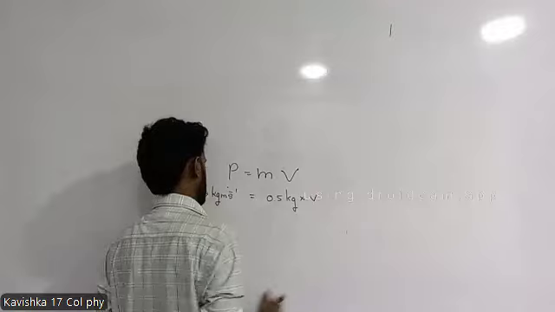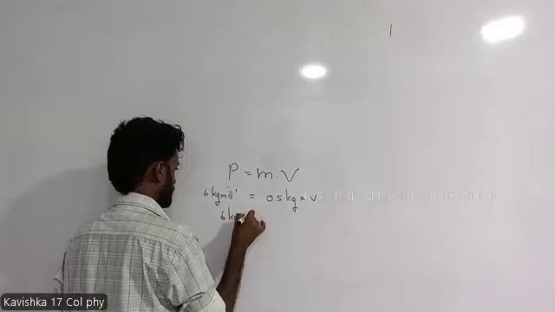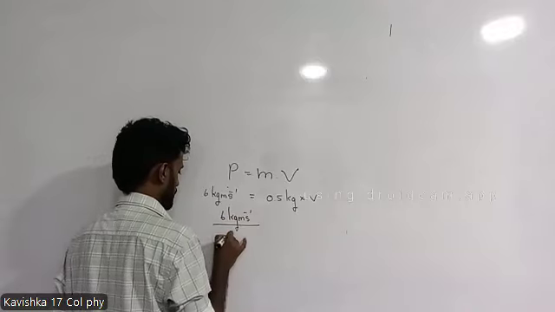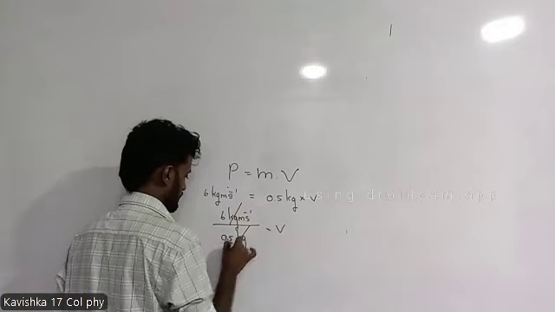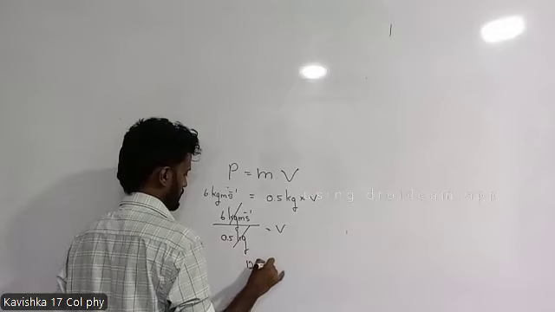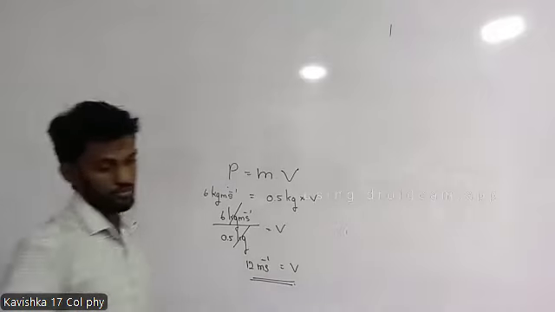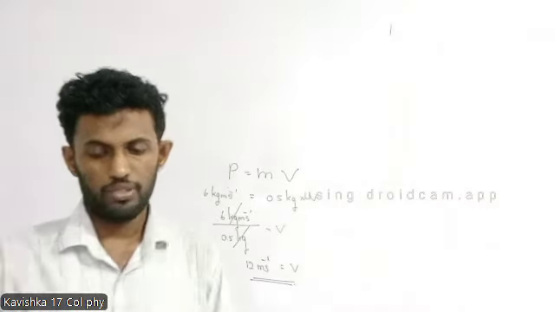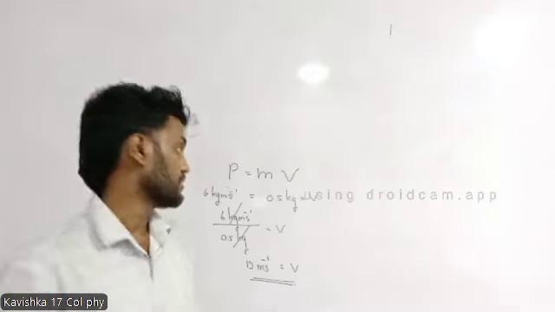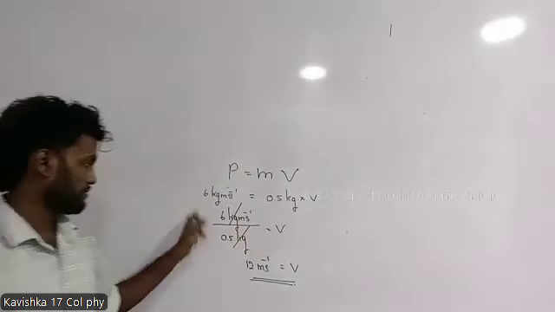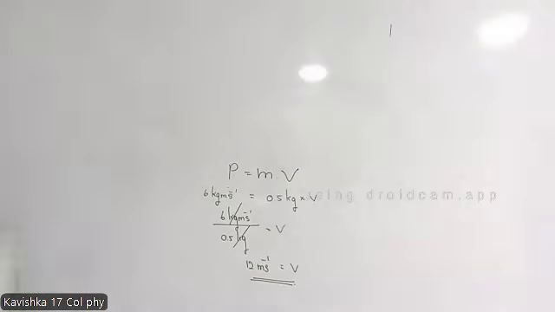Velocity is unknown, so divide 6 kg ms minus 1 by 0.5. Where it is minus 1. So units are really important. You can't get marks without the units, right? Many people calculate and write answers straight away without units. Apply the units properly when doing the calculation, then you can get full marks.